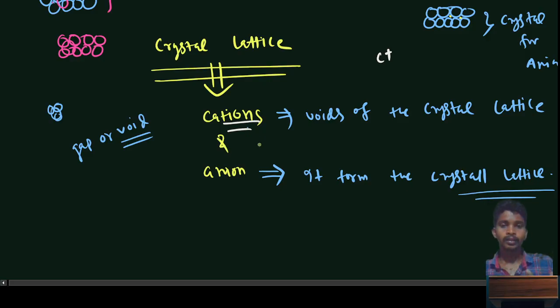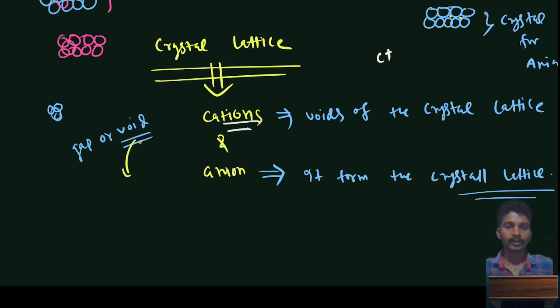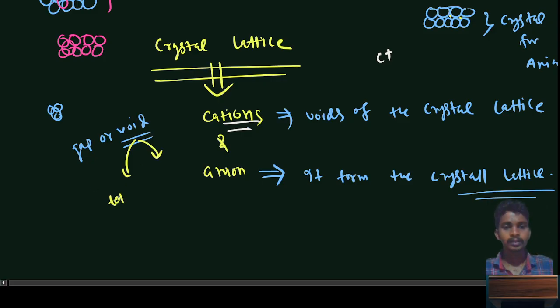Now, we studied in solid state chemistry that two types of voids are possible. One is the tetrahedral void, another is the octahedral void.